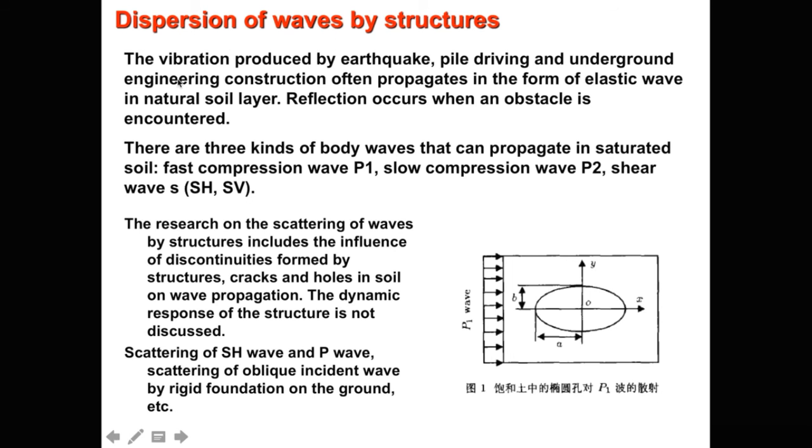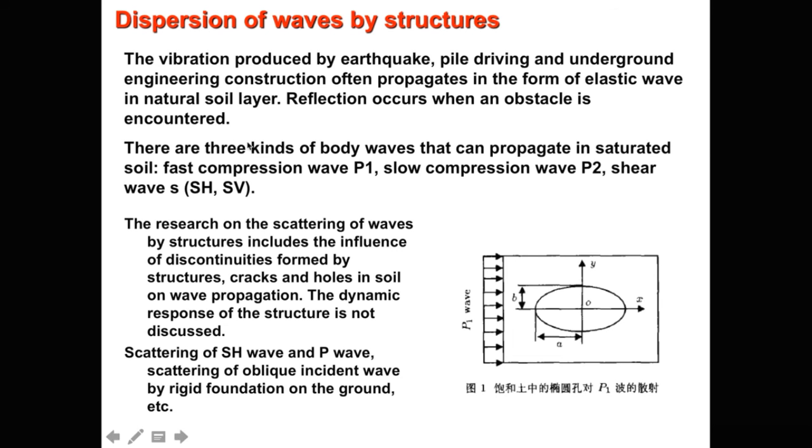The vibration produced by earthquakes, pile driving, and underground engineering construction often propagates in the form of elastic waves in the natural soil layer. Reflection occurs when an obstacle is encountered.